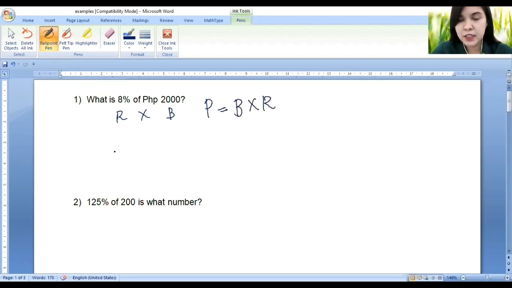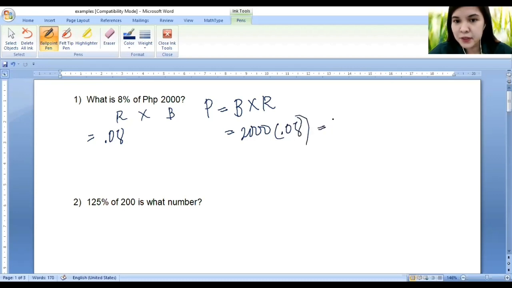First thing first, you need to convert this rate into decimal. So when you convert 8% to decimal, the answer is 0.08. Then substitution in the formula, the 2,000 times 0.08, and that is equal to 160 pesos. Don't forget the peso sign. So final answer.